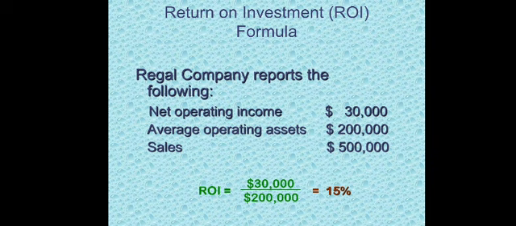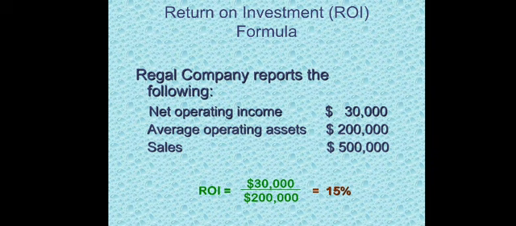ROI equal to net operating income divided by the average operating asset. So 30,000 divided by 200,000 equal to 15%. So using ROI, we know that this company ROI is 15%. The higher the ROI, we can say that the better the performance of the company.